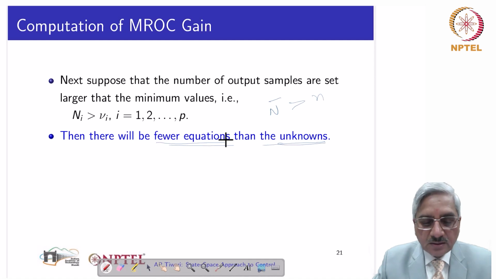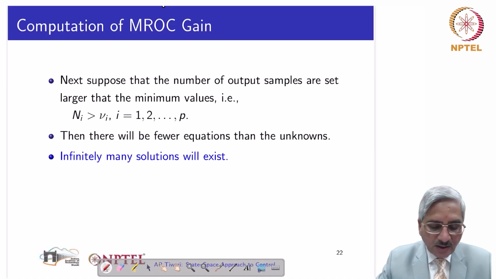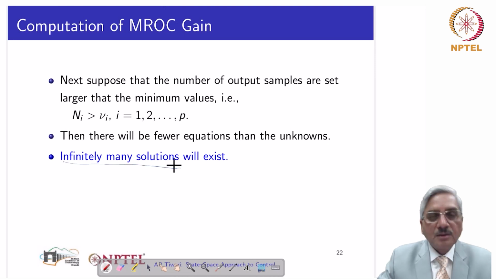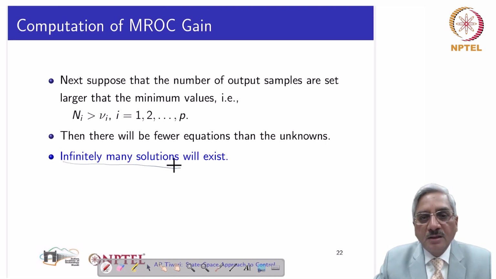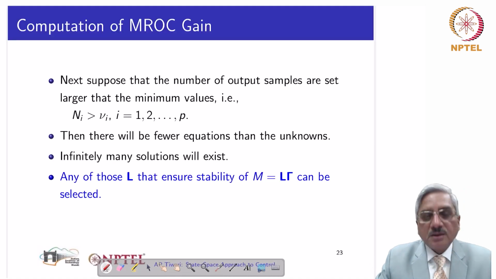Fewer equations than unknowns means there is no unique solution, and in fact infinitely many solutions will be possible, and that makes choice of M easy, because out of so many solutions we will have at least a few solutions which will lead to a stable M obtained through M equal to L gamma.